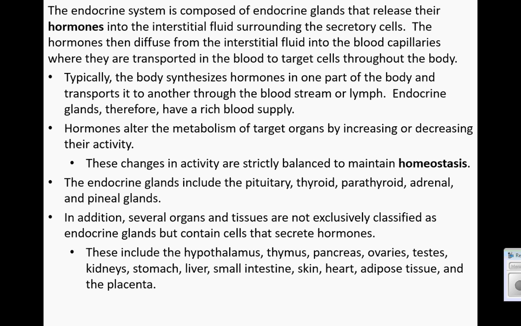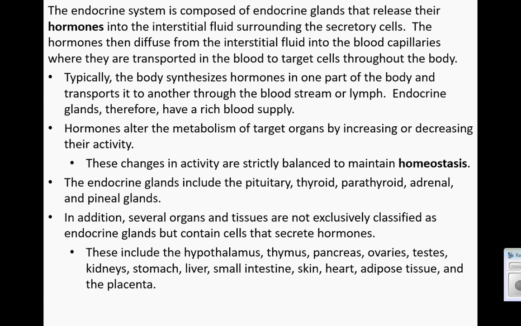So typically, the body synthesizes hormones in one part of the body, transporting them to another by way of the bloodstream or lymph. And therefore, the endocrine glands must have a rich blood supply to pick up those hormones. Okay.